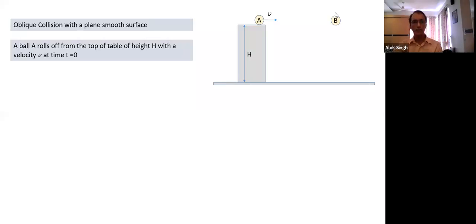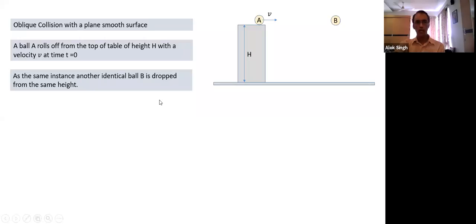So, have you understood what I'm saying here? One ball rolls off the table at time t equal to 0. Another identical ball is released from the same height. So, when we look at their motion, what can I say about it? Suppose ball A has moved like this with a parabolic path and hits the floor.